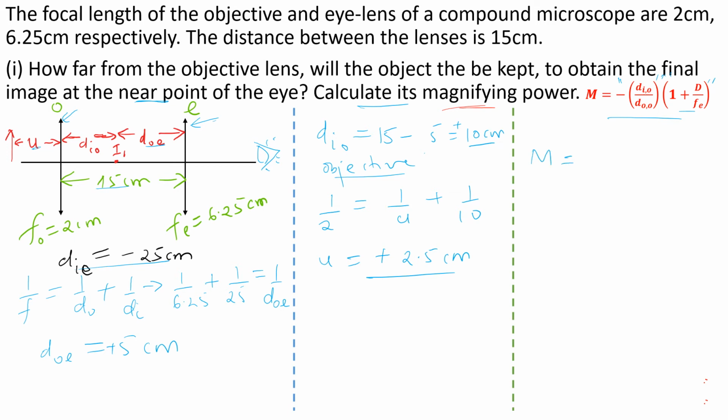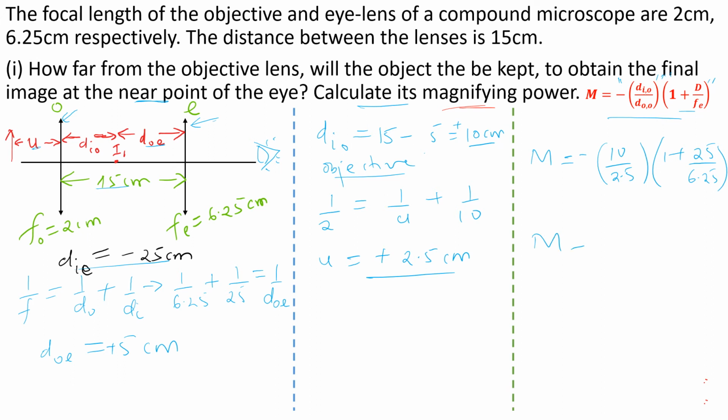This is going to be negative DIO, so DIO in this case, we got 10 divided by 2.5, multiplied by 1 plus least distance of distinct vision, 25, divided by F of the eyepiece, which is 6.25.